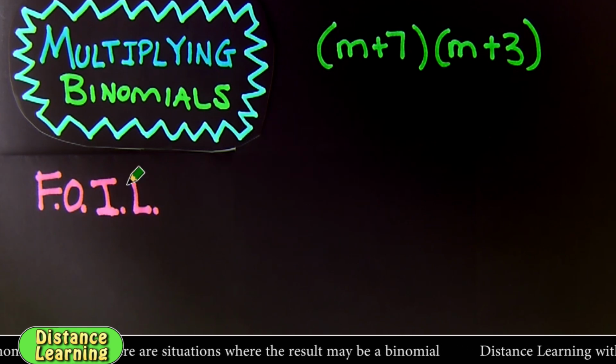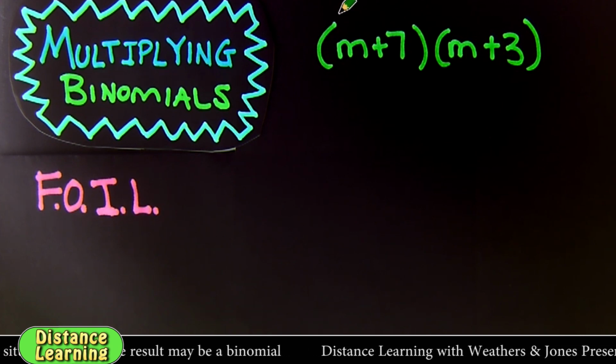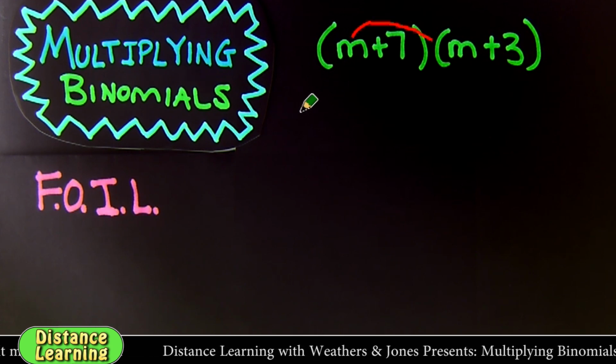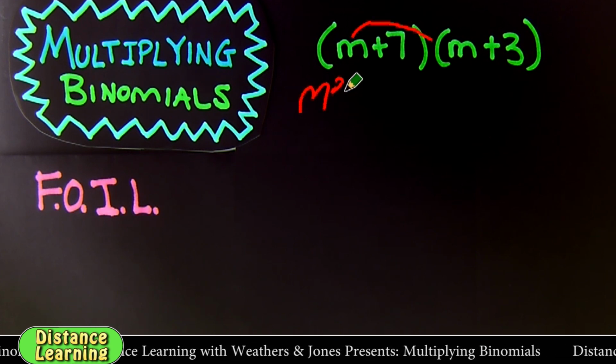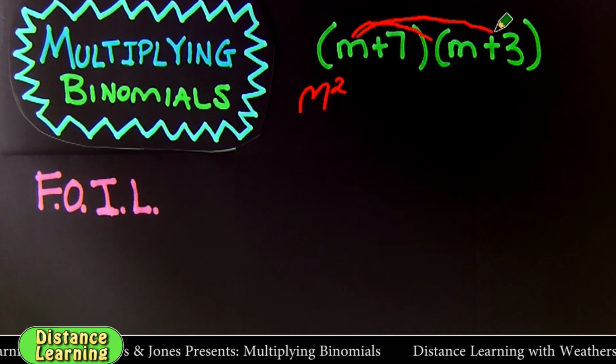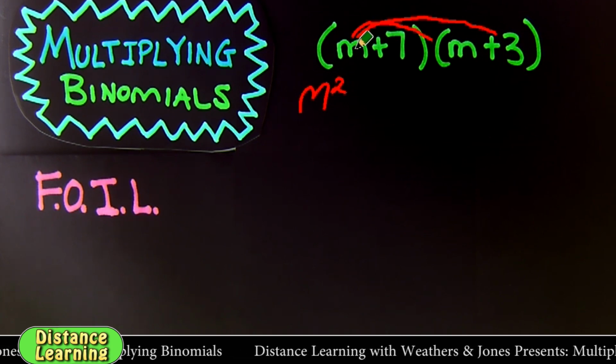We're going to use the F, meaning first. We're going to multiply these first terms together. So, m times m will be m squared. Remember that. Then m times 3. That is our outside term. So we have an m and a 3. Those are our outside terms.